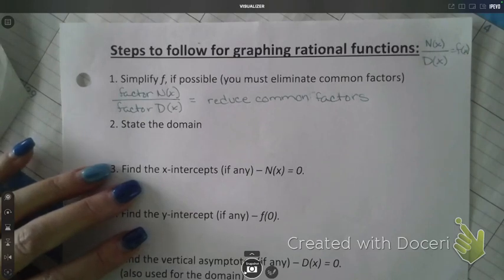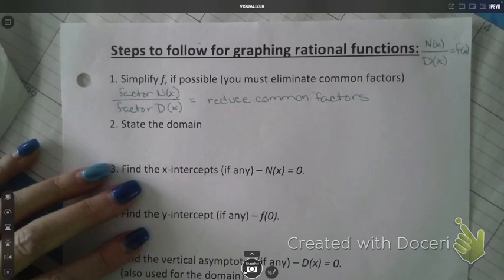That's vertical and horizontal asymptotes. How do we find excluded values? What did we set equal to 0?